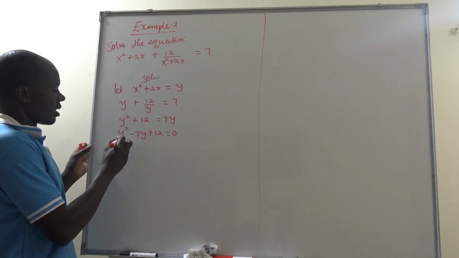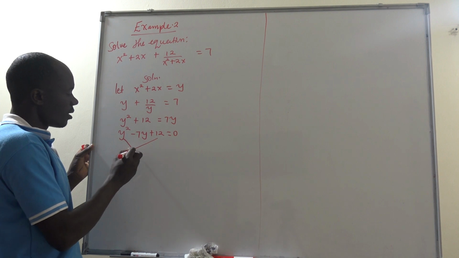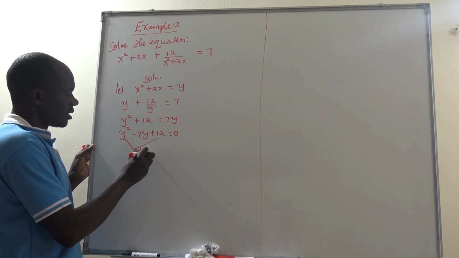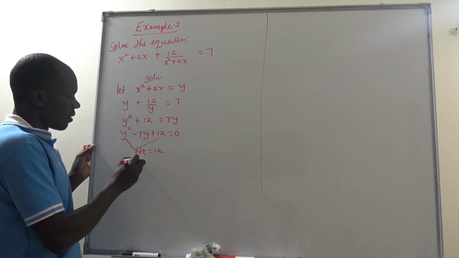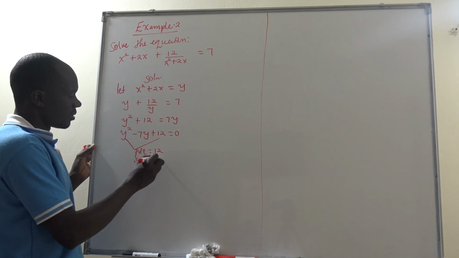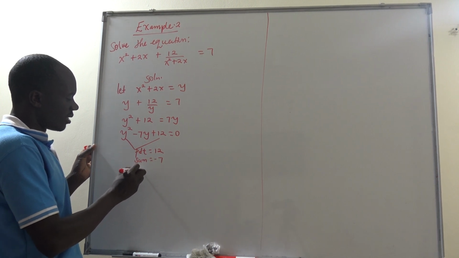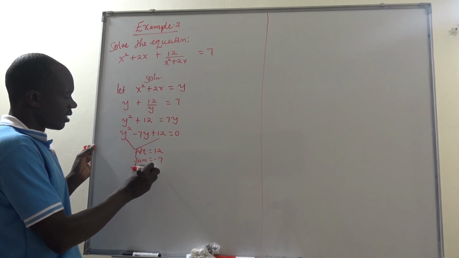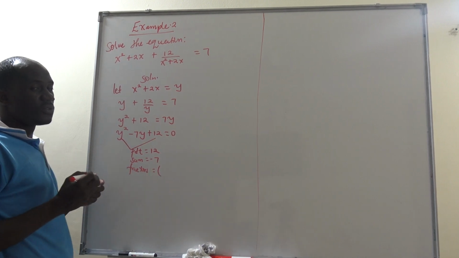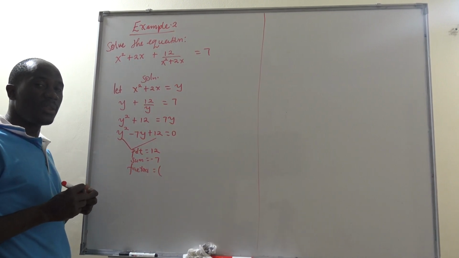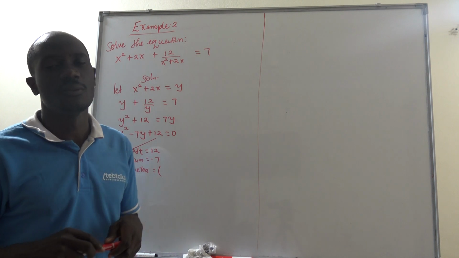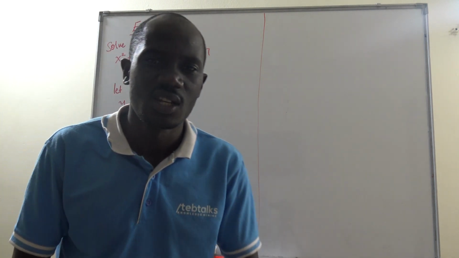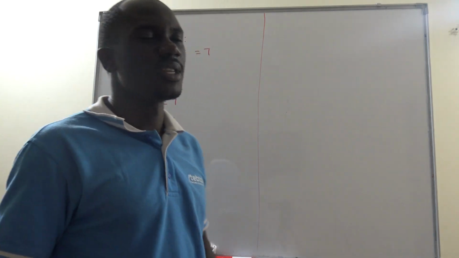For this case, our product is 12 and our sum is -7. Think of two numbers which, when you multiply them, you get a positive 12, and when you add, you get -7.